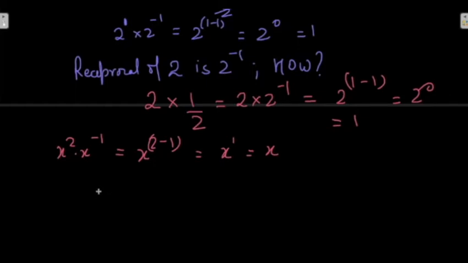Say x raised to power 5 into y raised to power 2 into z, divided by z raised to power minus 1 into x raised to power 3. So what we'll do is first bring the denominator into the numerator and see what happens to its exponents.